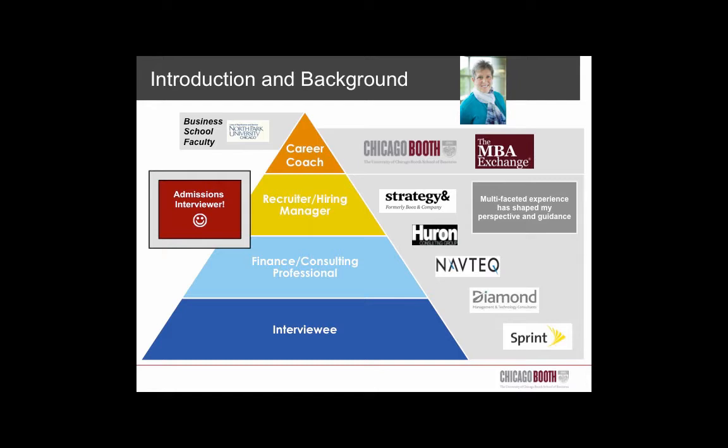Along with that, for several years, I participated as an alumni admissions interviewer. And so I was sitting in the same seats that you are, looking at potential candidates to bring into the Booth community. And from those experiences, I've been able to gain a lot of insights about what it really takes to conduct an effective interview. And so the conversation that we're going to be having in our training is shaped by that experience.